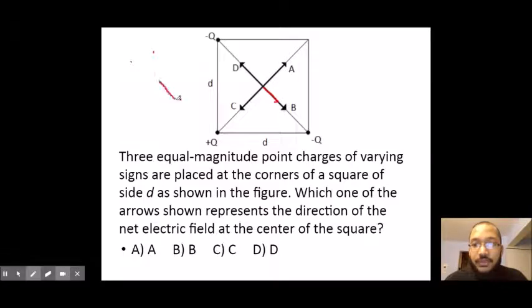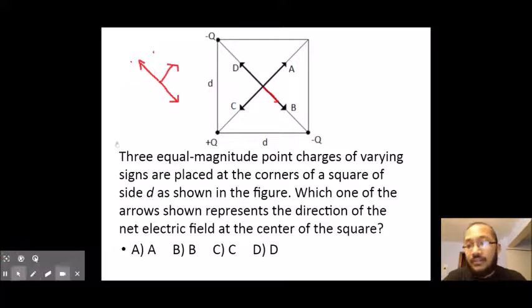Negative in the bottom right corner, a positive test charge would be attracted to it. A positive test charge would be attracted to the one in the top left corner as well, and it would be repelled by the one down here. Like charges repel. So then the overall net electric field is, again, A.